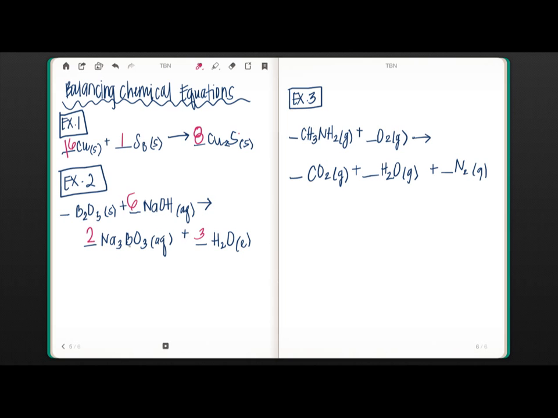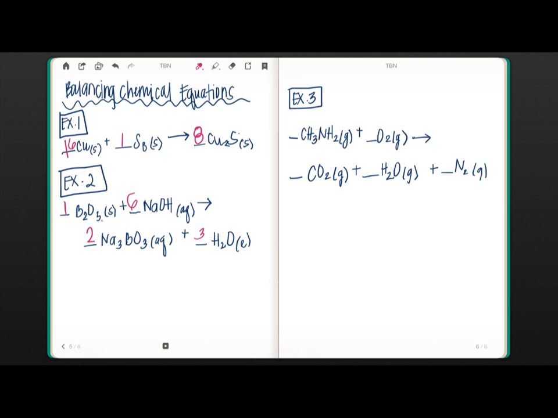And then for the products, you have 2 times 3, which is 6, and then plus another 3, so that's 9. So oxygens actually do balance out, and you don't have to put anything in the coefficient here. So this remains as 1. Still stays as 1.